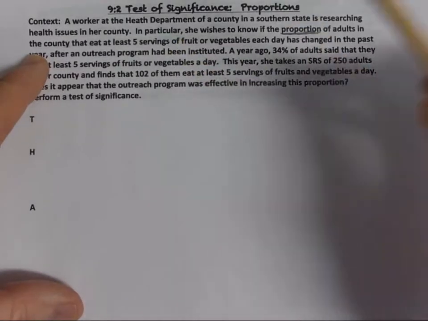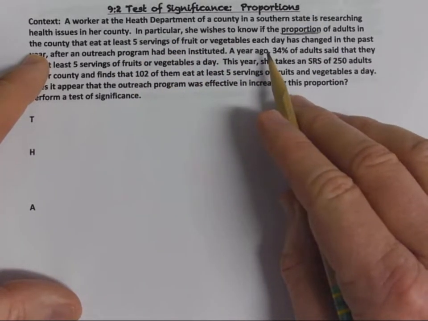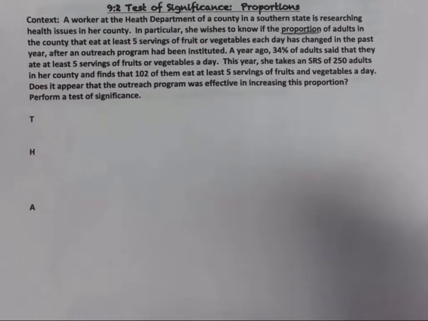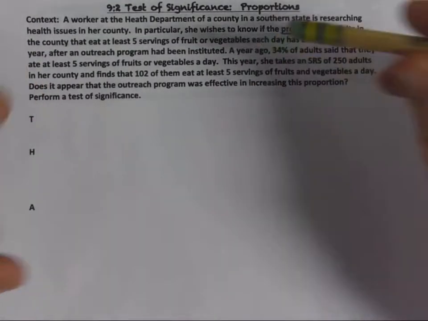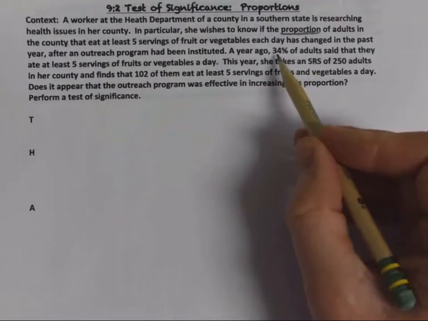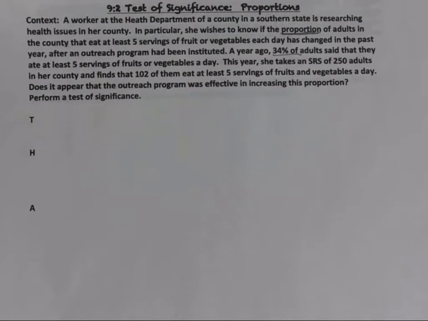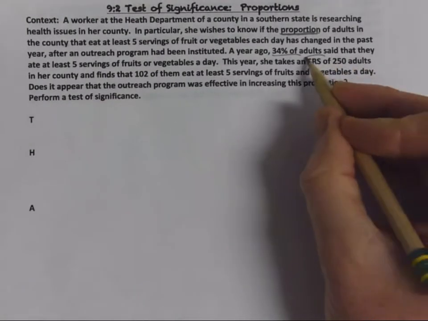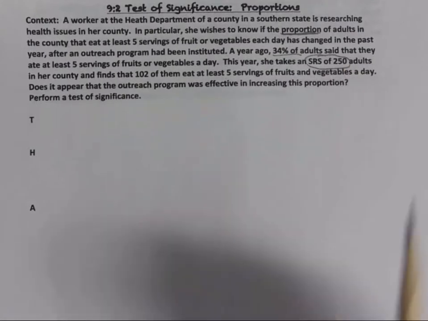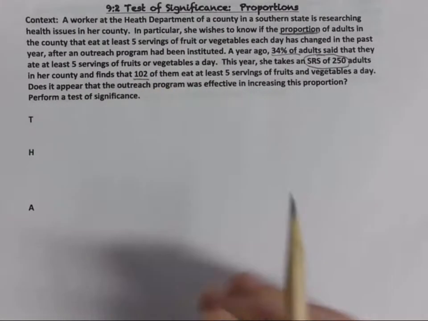The proportion of adults in her county that eat at least 5 servings of fruit or vegetable each day has changed in the past year after an outreach program had been instituted. A year ago, 34% said that they ate at least 5 servings of fruit or vegetables a day. This year, she takes an SRS of 250 of them, so we'd certainly circle that, in her county, and finds that 102 of them.